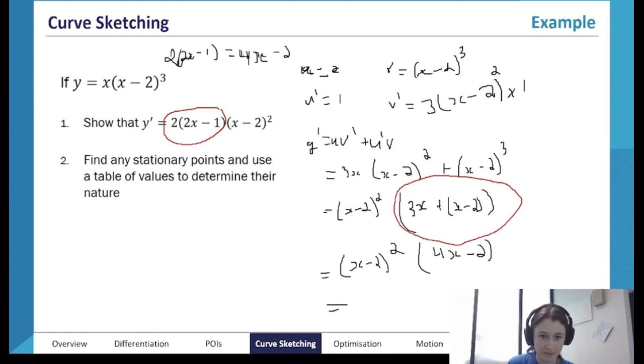So we can factorize out that 2, which gives us exactly what we want. We're left with 2 outside of 2x take 1, x take 2 squared. So that is our proven result.